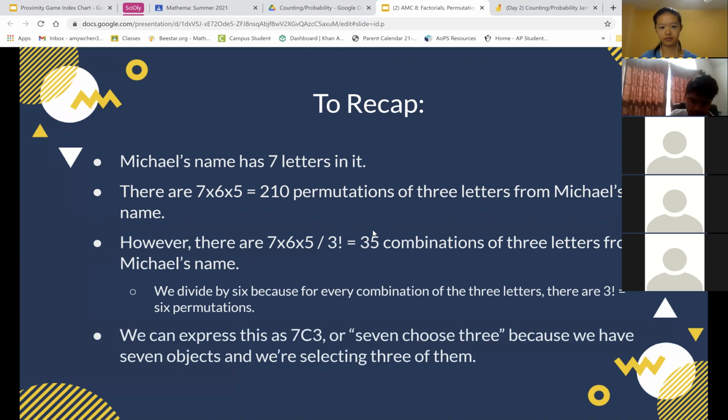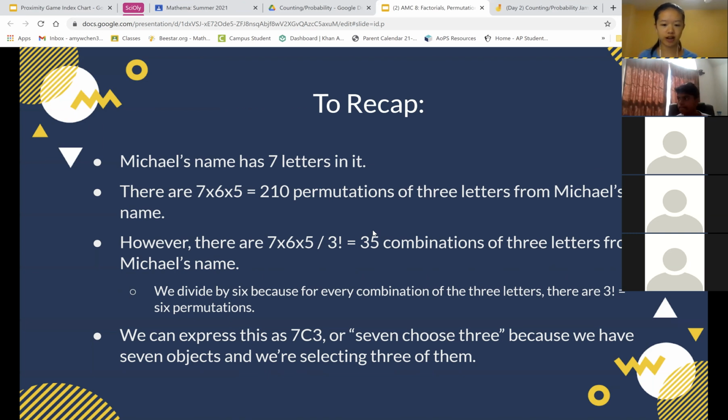So this is the formula. Amy's going to do a recap. Basically, because I know that was a lot: Michael's name has 7 letters in it, and there are 7 times 6 times 5, which equals 210 permutations of 3 letters for Michael's name. However, there will actually be 7 times 6 times 5 divided by 3 factorial, which is 35 combinations of 3 letters for Michael's name.